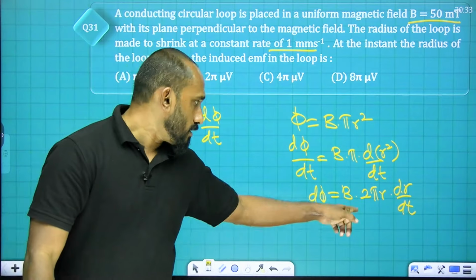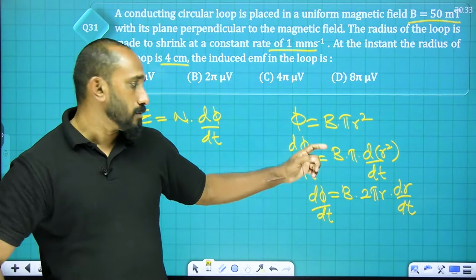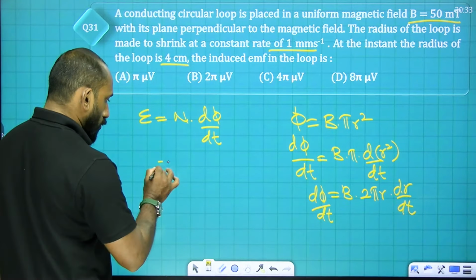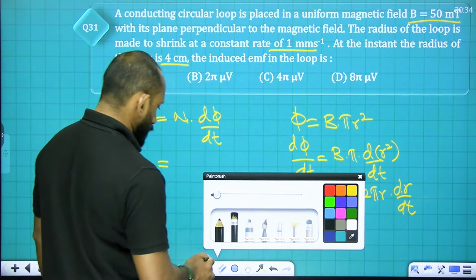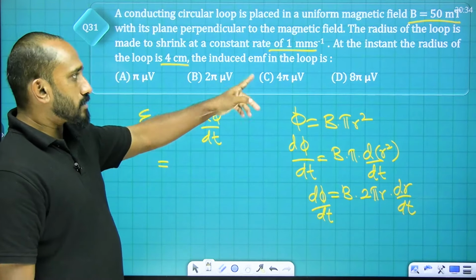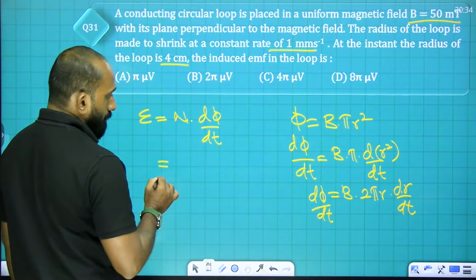B is a constant, so r² differentiated gives 2r, and r is again a function of time, so dr/dt. Now in this equation, N number of turns is 1 only, times dφ/dt, which is B times 2πr.